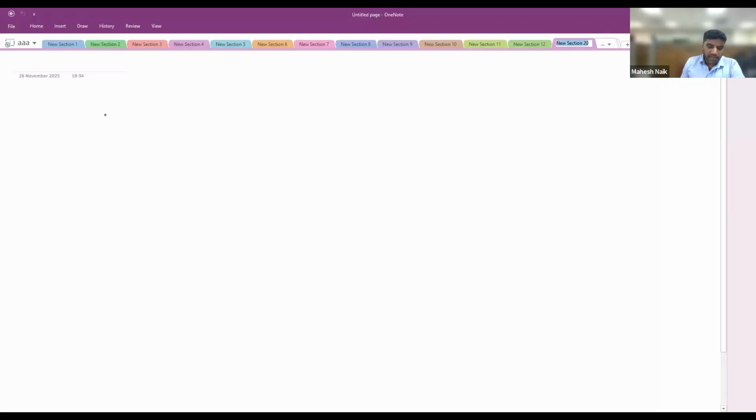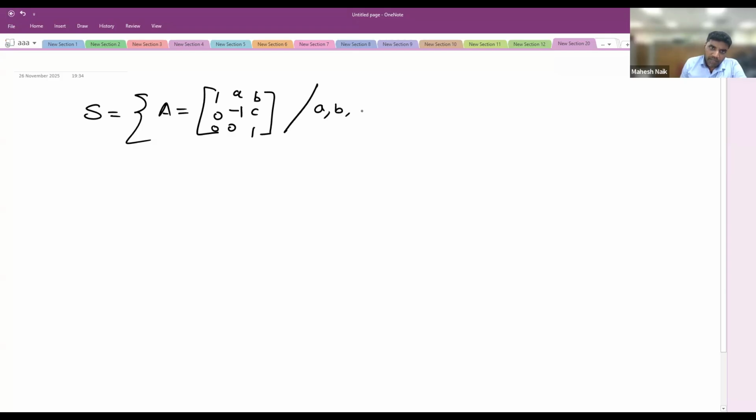Okay. Let's take an example again. Suppose we have a set S of all the matrices of the form 1, minus 1 and 1, with the elements below the diagonal equal to 0, and A, B, C here in the upper triangle, such that A, B, and C come from the set of complex numbers.